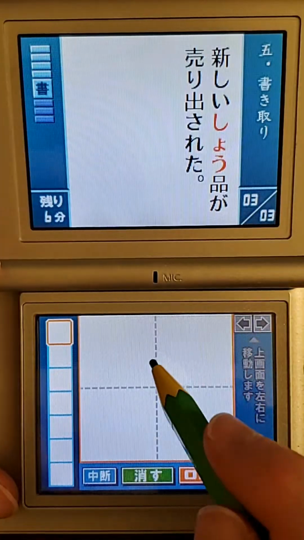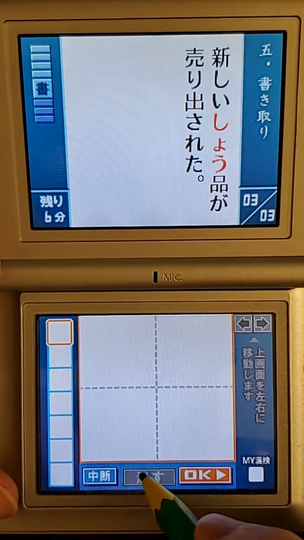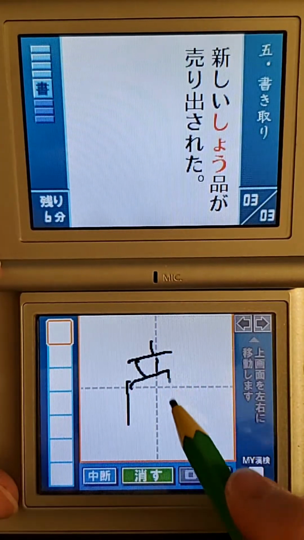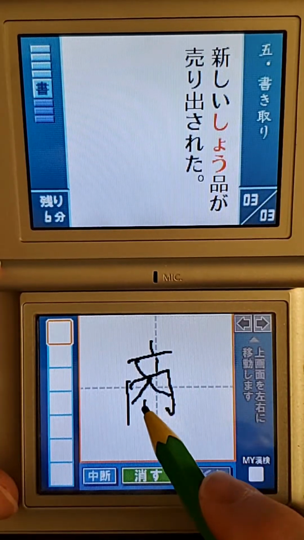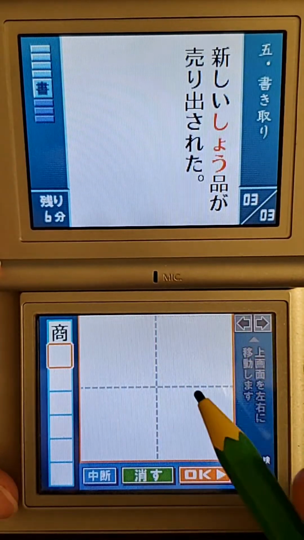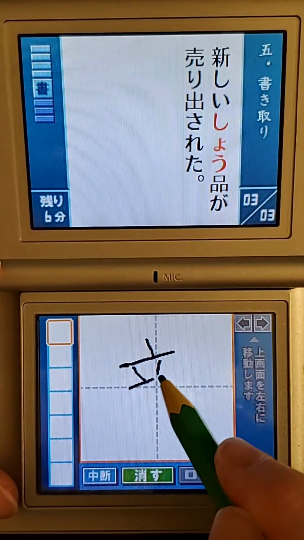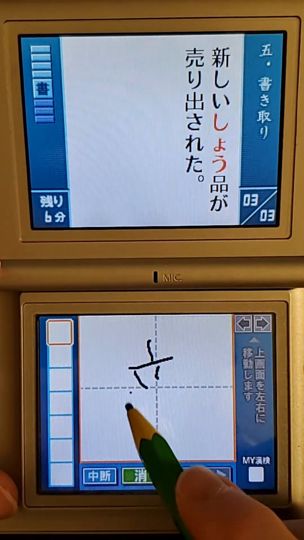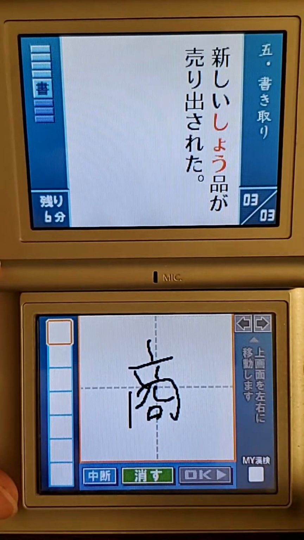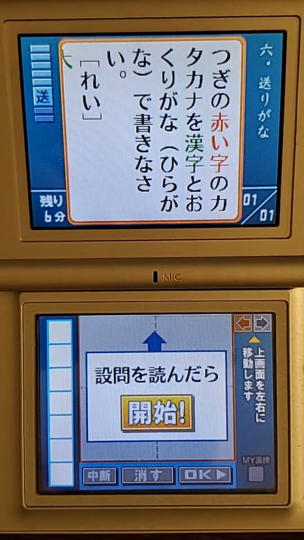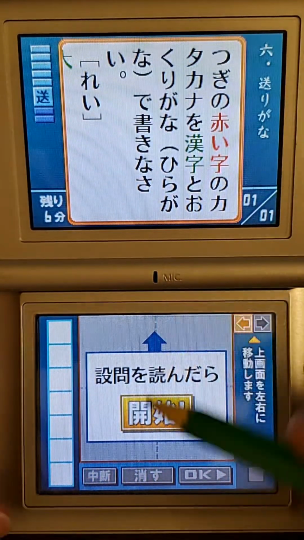So 商品. Now, it kind of sucks. So I'm going to write that again. There we go. That's better. All right.